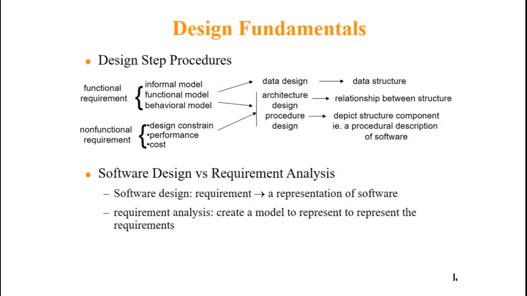And to show this, we have different patterns which are already defined in the software architecture theory. A few well-known patterns are MVC, Model View Controller, Blackboard, Client Server Model, Repository, and Pipe Filter Model.